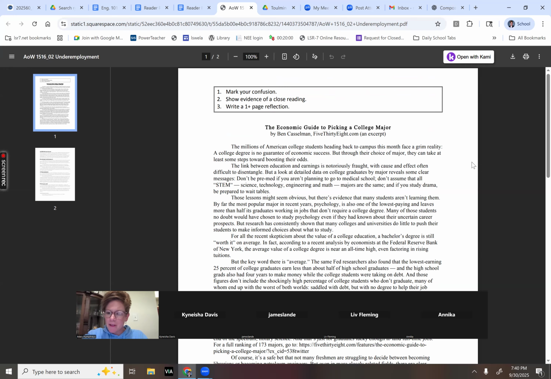Whereas there are definitely people who go to college because they just like school, which I think is hard for some people to believe. But there's a whole underlying assumption here that the people writing this article believe that college equals money, right? Or that the whole point of a college degree is to earn more money.